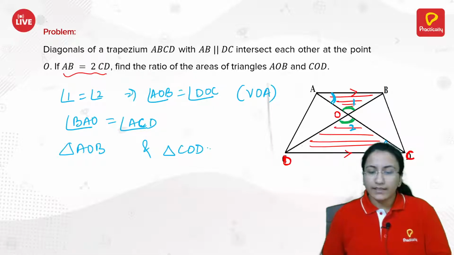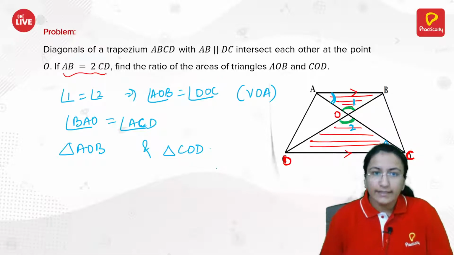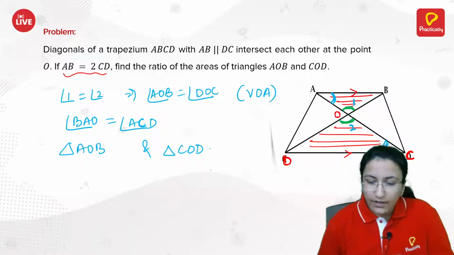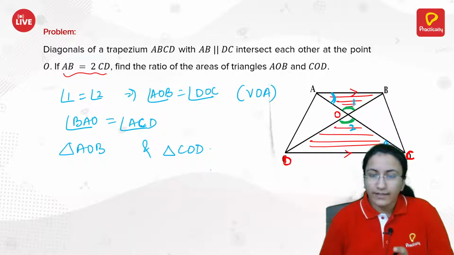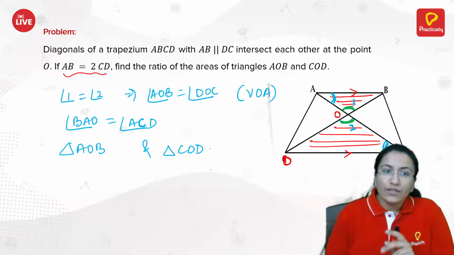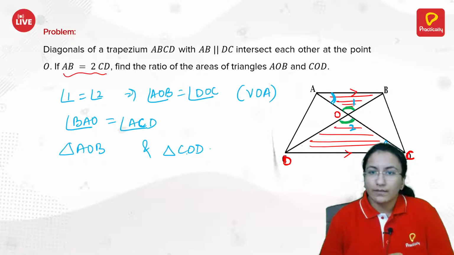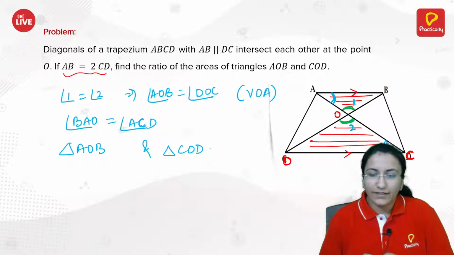Can you see whether these two triangles are similar to each other or not? Yes, these were alternate interior angles. So triangle AOB and triangle COD, are they similar or not? Anyone who can answer?